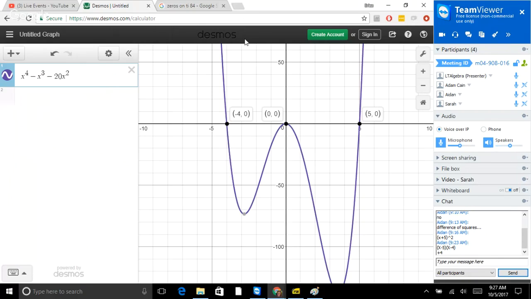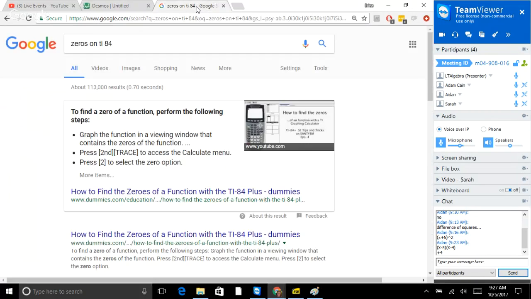The other thing I want to mention while we're in here, I think Aiden, you did this the other day. You already knew how to do it. But Sarah, for finding zeros on your TI calculator, because it's a little different than mine, if you graph it on your TI calculator, and then you go to your trace, second calculate, and then press 2 to select the 0 option.